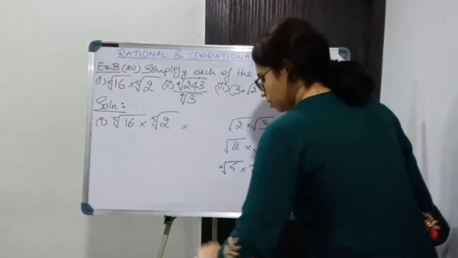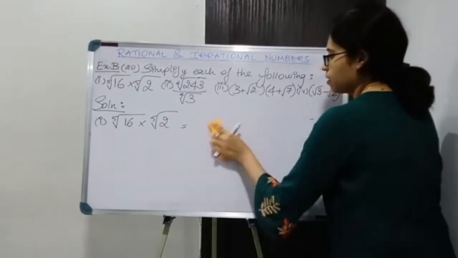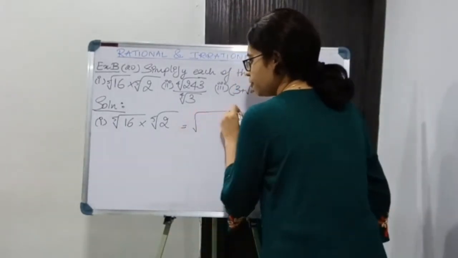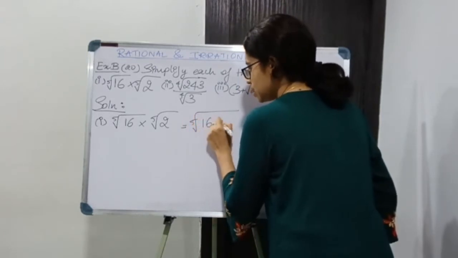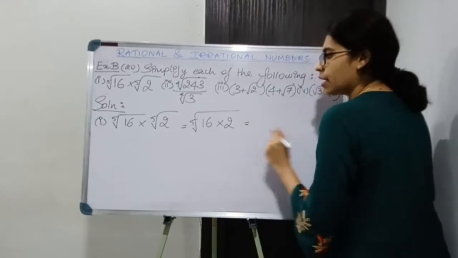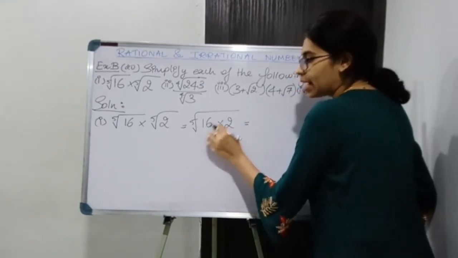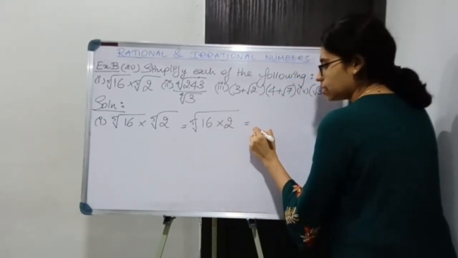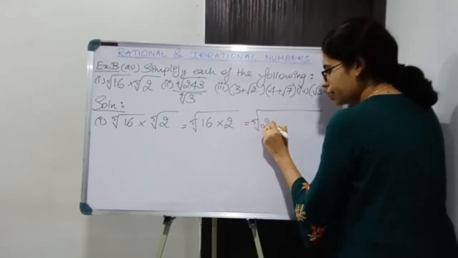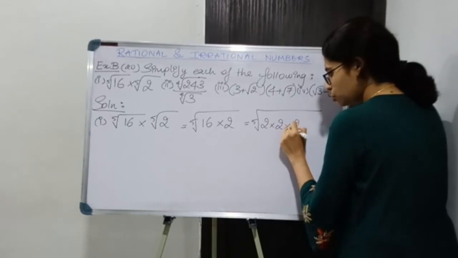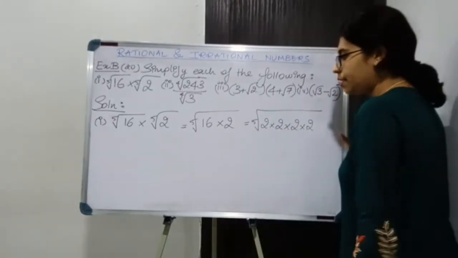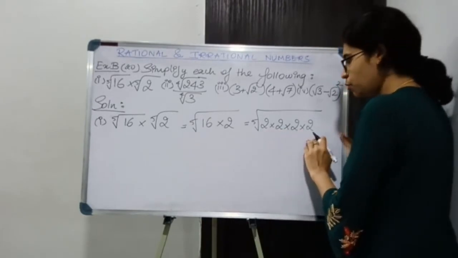So over here I'll get 5th root of 16 into 2. Okay. Now 16 को I'll factorize. So if I split it, it is basically 2 into 2 into 2 into 2.